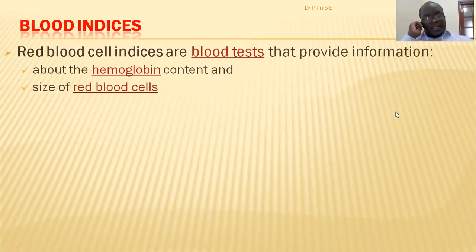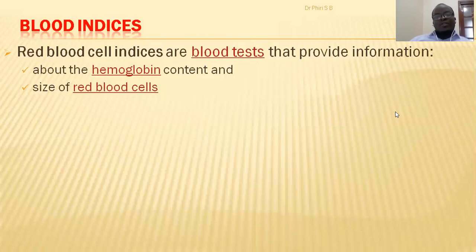So these blood indices, red blood cell indices, are blood tests that will provide information about the hemoglobin content, how much hemoglobin these red blood cells have. And you're also looking at the size of red blood cells. Are they big? Are they small?